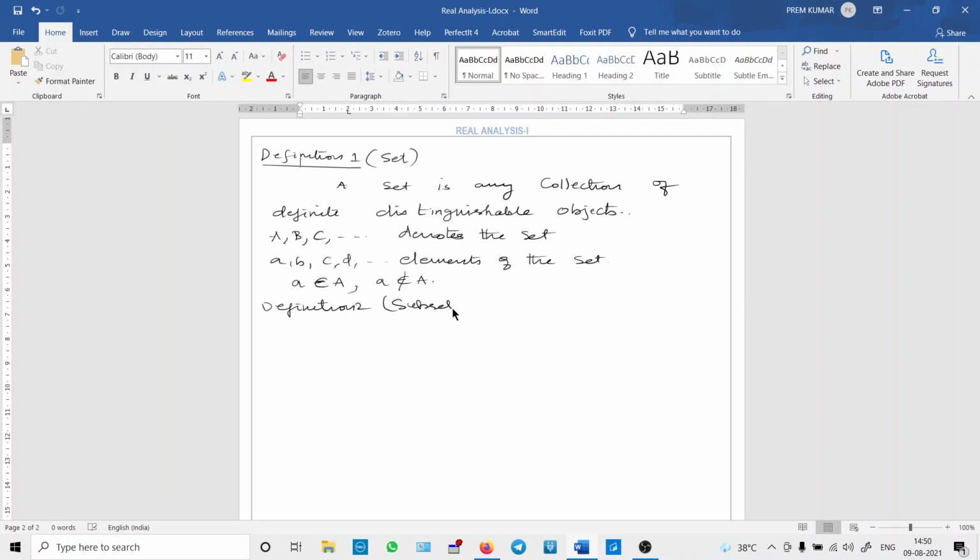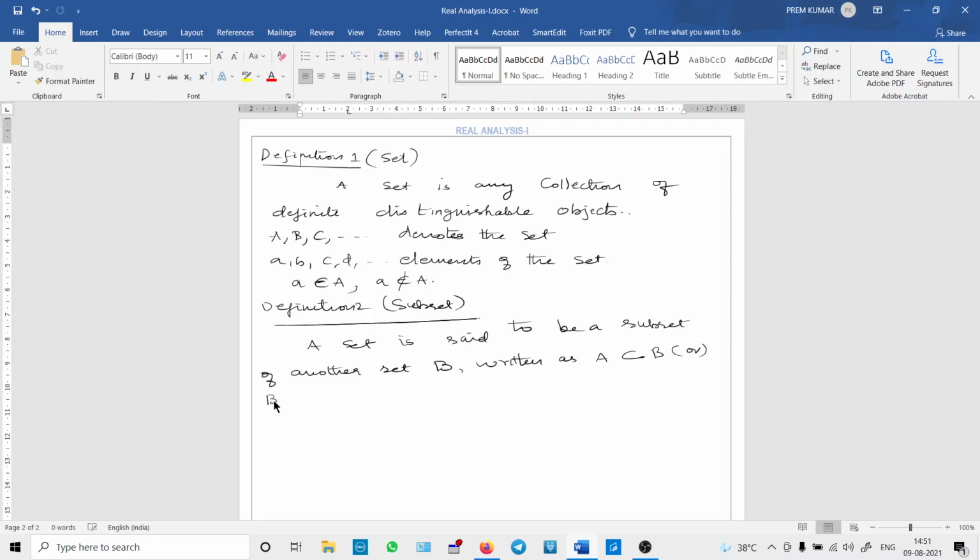What is a subset? A set A is said to be a subset of another set, say B, and is written as A is a subset of B, or B contains the set A. Both are same.